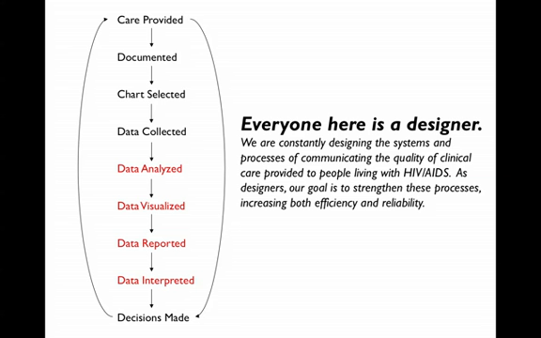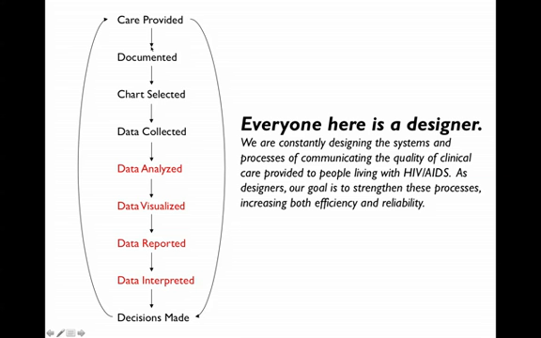As designers, our goal is to strengthen these processes, increasing both efficiency and reliability. Ultimately what we want to do is measure the quality of the care provided to the patients that we care about. And in order to do that, that data has to go through several different processes and transfers before decisions can ultimately be made that will impact the quality of care provided.